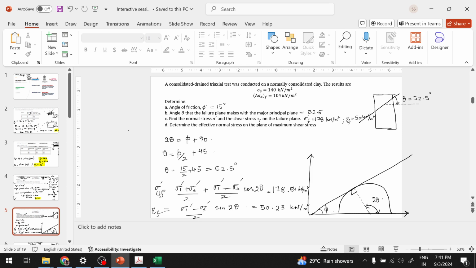If you see here, maximum shear stress is this, isn't it? And if you draw this here, how much will 2 theta be?